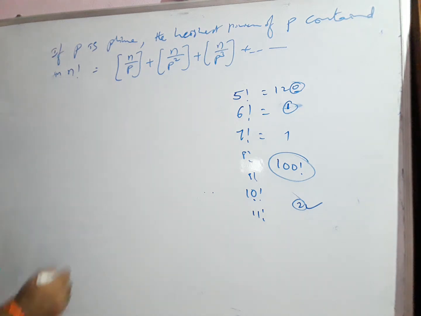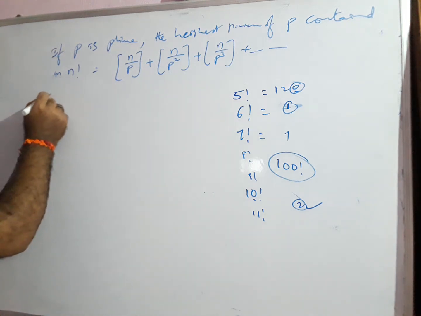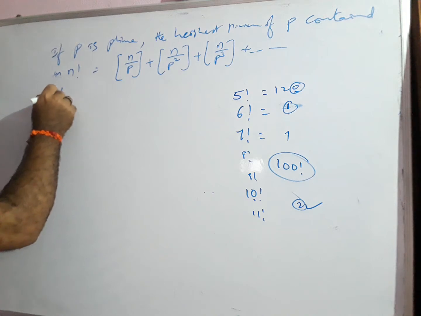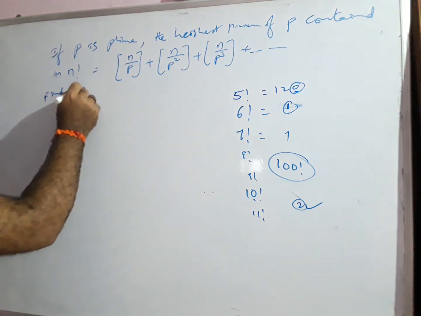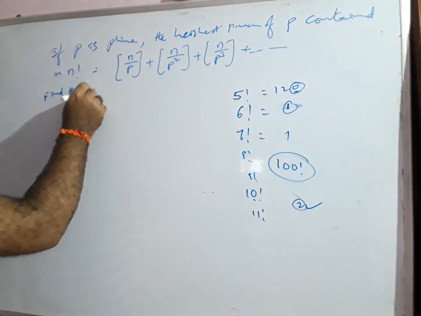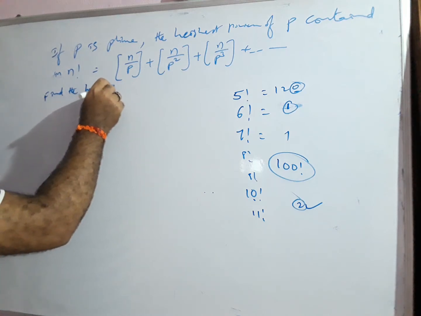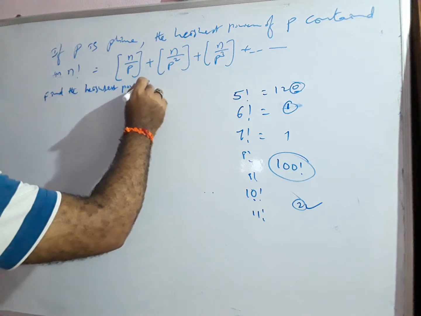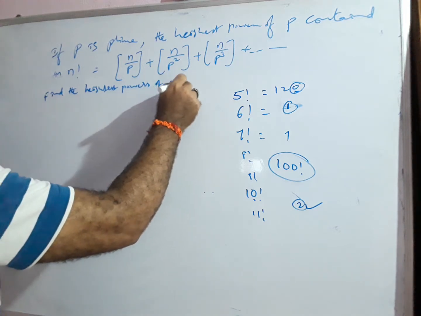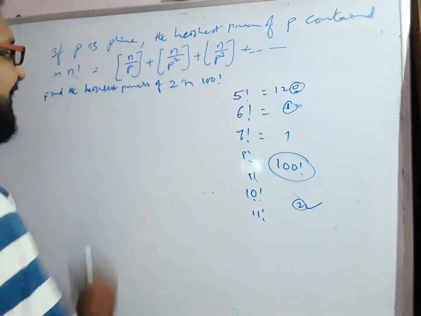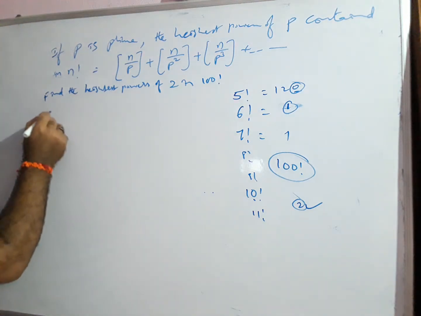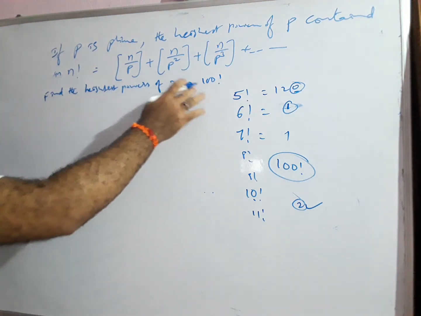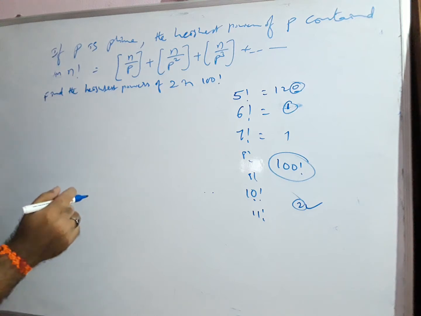So here I am going to take one example. Find the highest power of 2 in 100 factorial. Here n is equal to 100, and p is a prime number, that is 2.